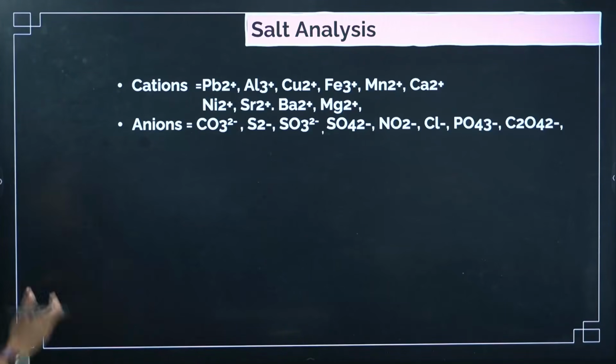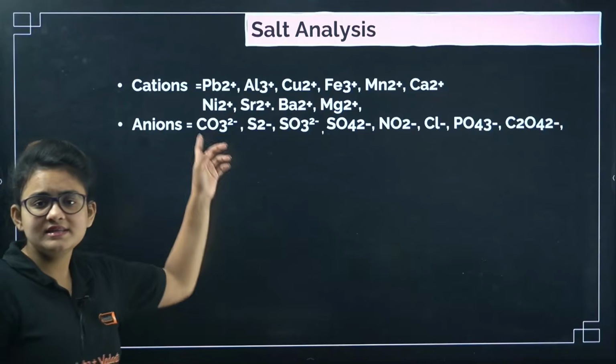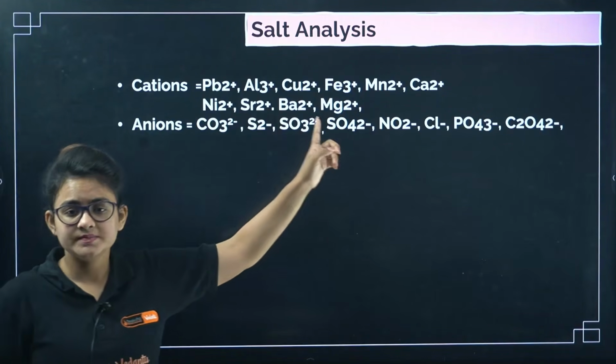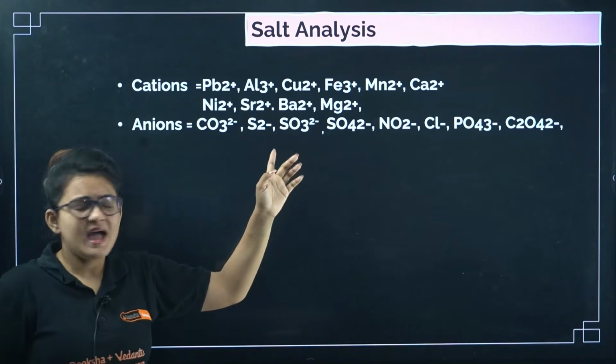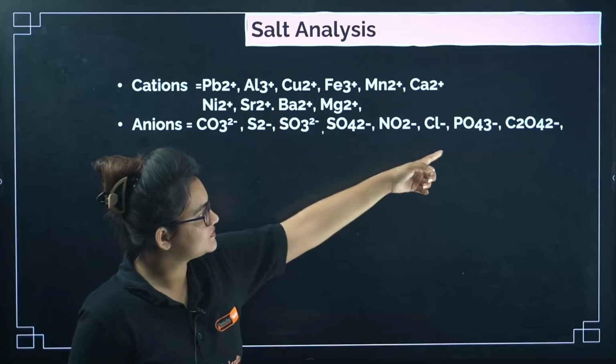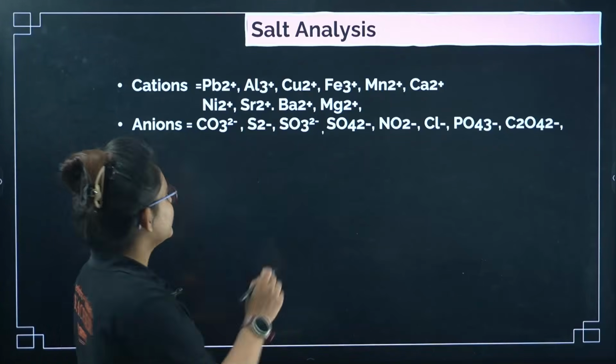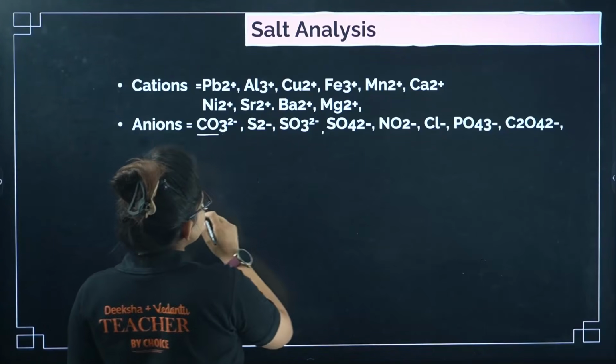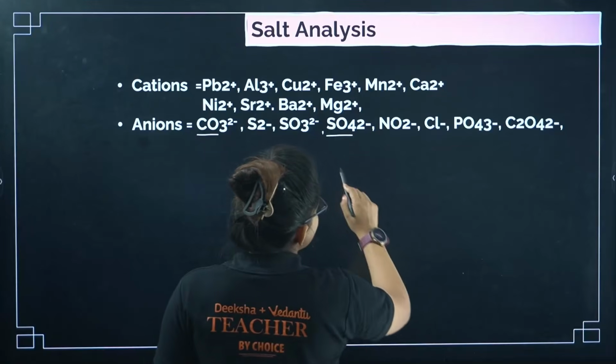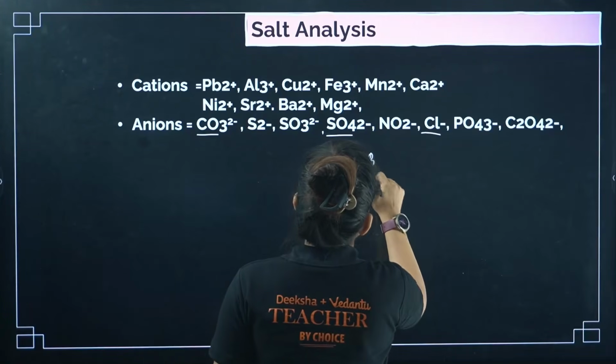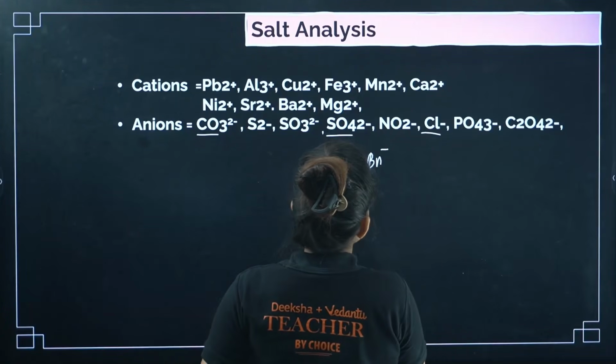Okay, next let's proceed with the next practical, that is the salt analysis. Usually these cations are given, and high chances are there that you can expect these anions, most importantly carbonate, SO4 2 minus, Cl minus, and Br minus as well.